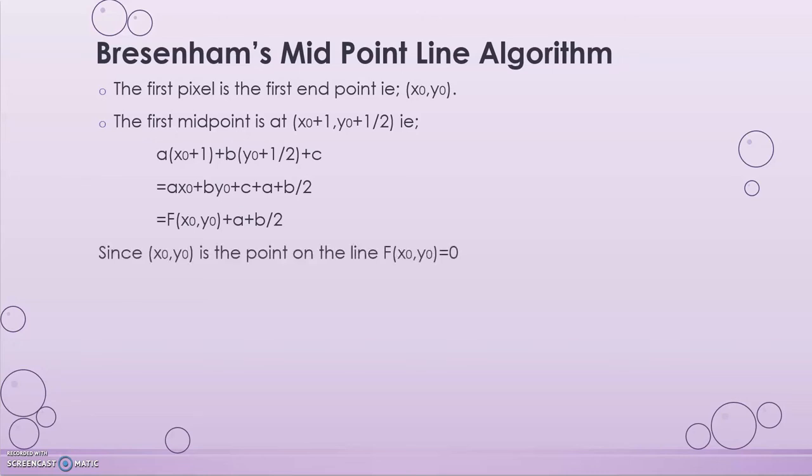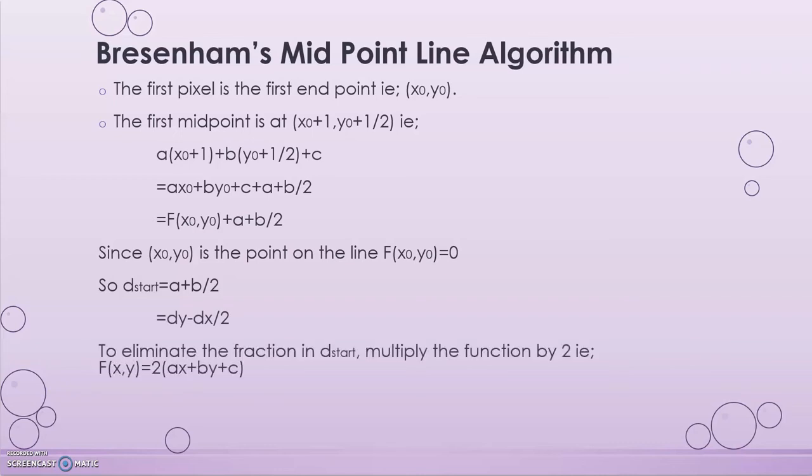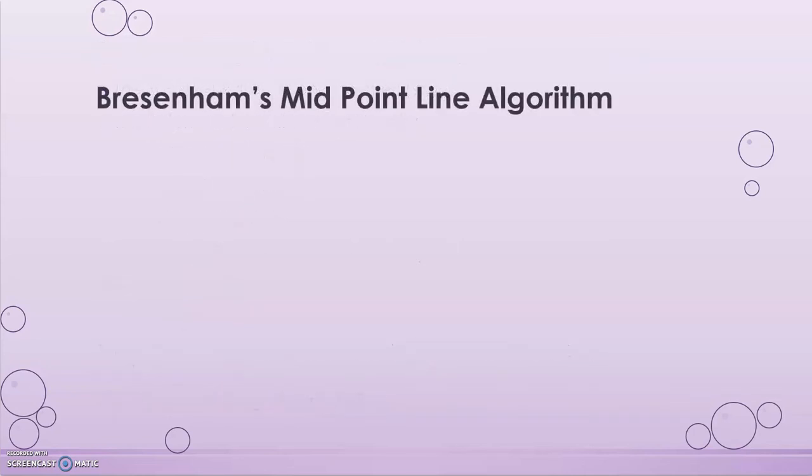Since (x0, y0) is a point on the line, f(x0, y0) equals 0, so we can calculate d start, that is a + b/2, which is (dy minus dx)/2. To eliminate the fraction in d start, multiply the function by 2, that is f(x, y) = 2(ax + by + c). This does not change the sign of the variable d.